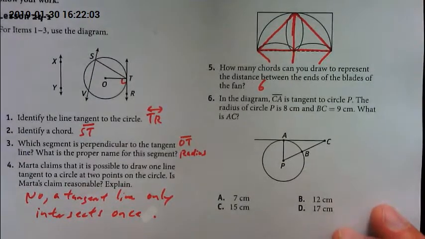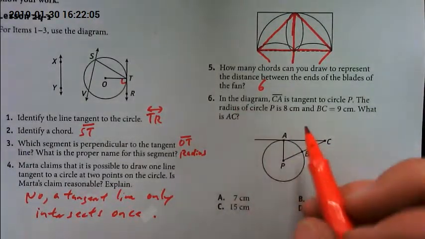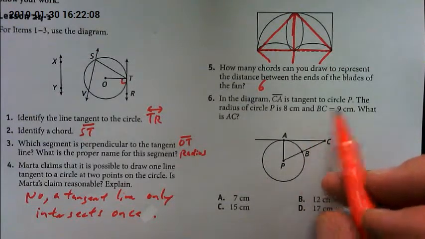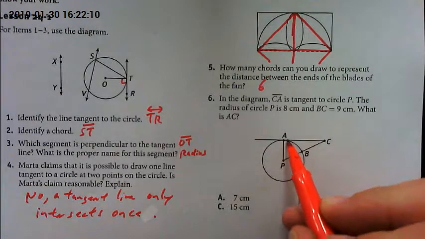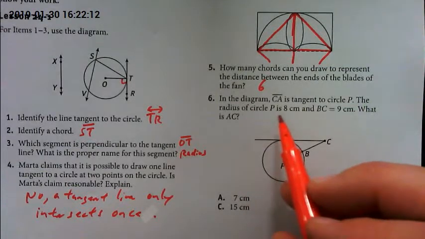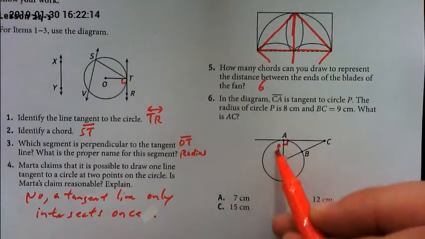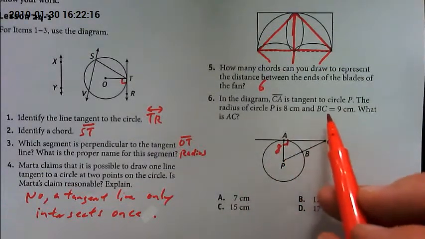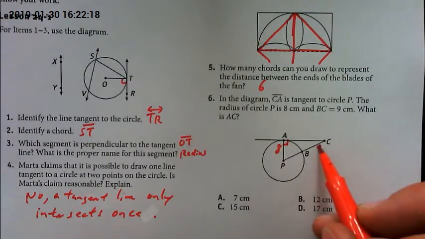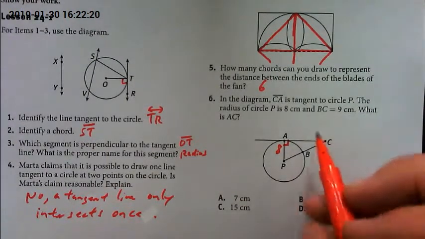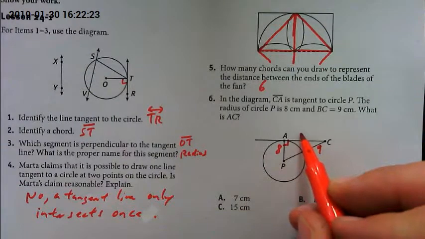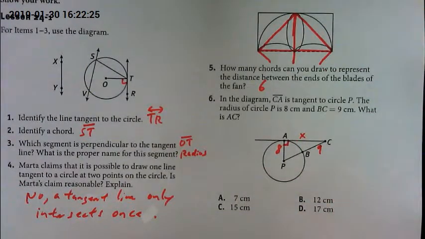All right, on number 6. In the diagram, CA is tangent to the circle. The radius of the circle P is 8 centimeters, and BC is 9 centimeters. What is AC? Wait, don't say the answer yet. Let me think about the triples.